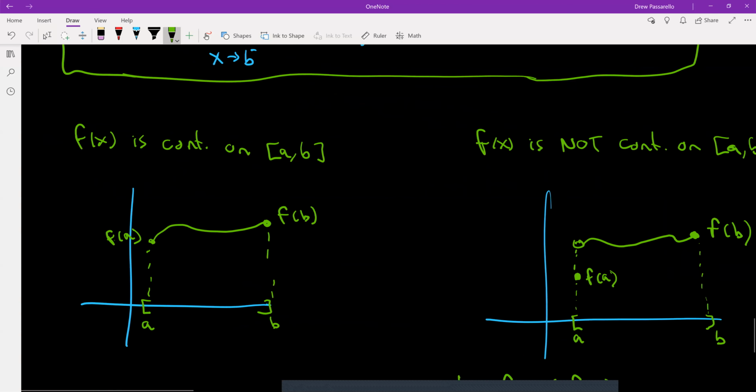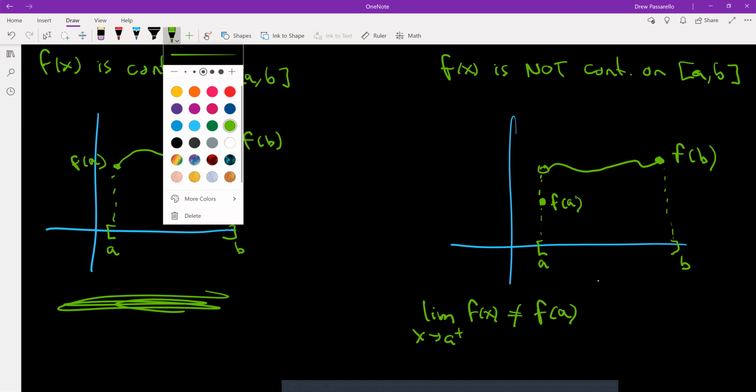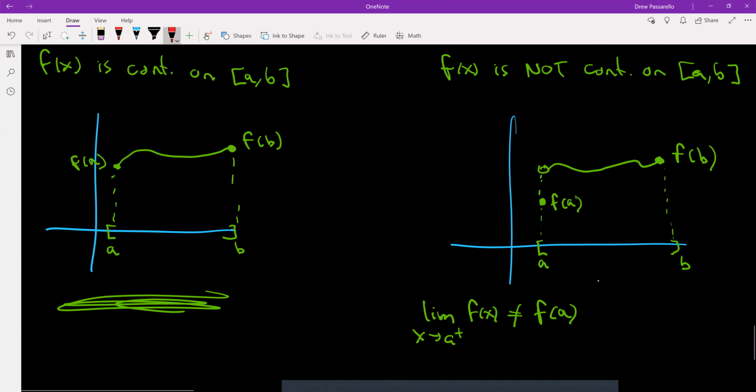And really that's just this graph right here when it's continuous on the closed interval. It's basically connected everywhere and the endpoints are closed. So approaching a from the right side, the graph gets closer and closer to that endpoint, with that endpoint's got a y-coordinate f of a.